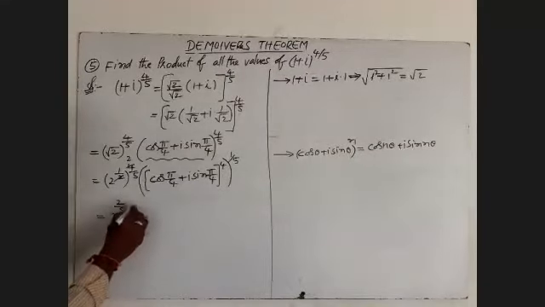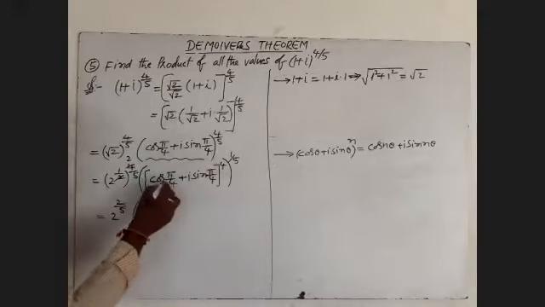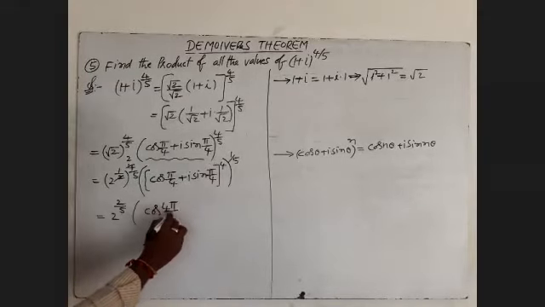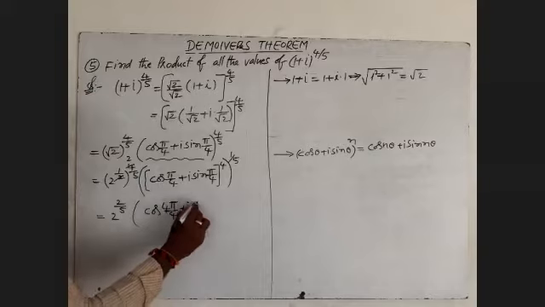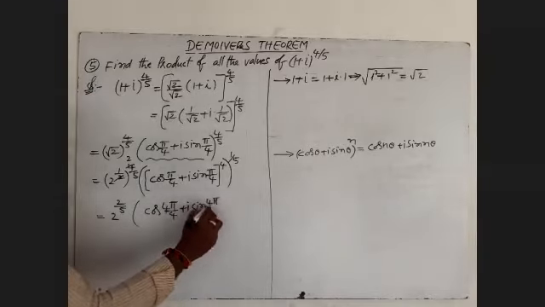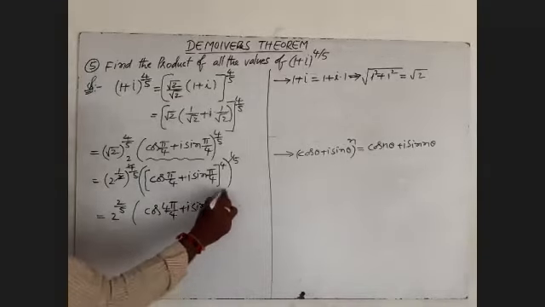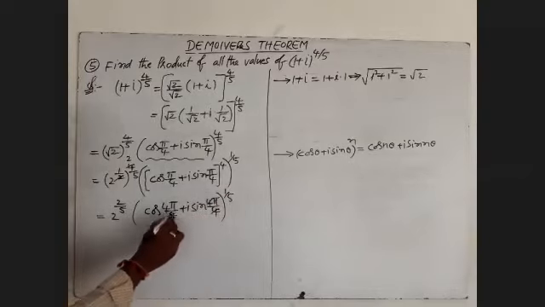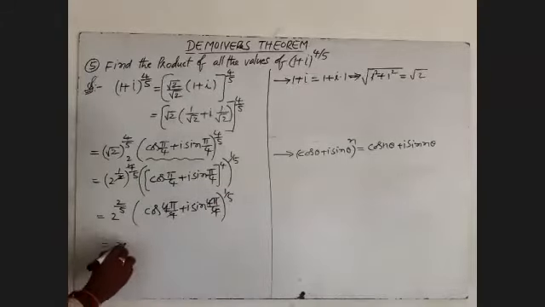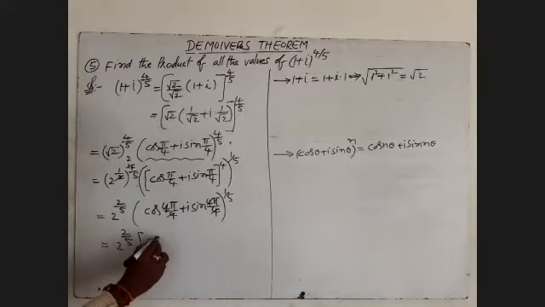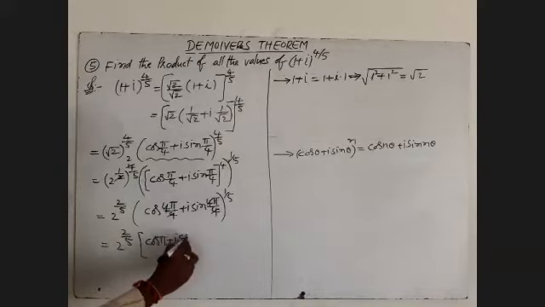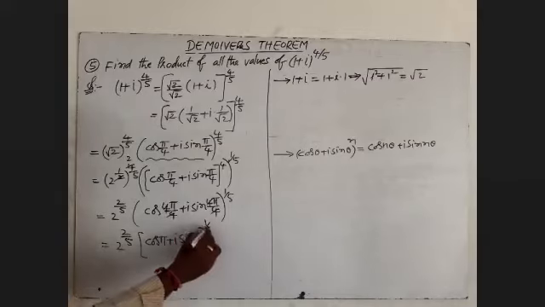How to expand this: cos 4 pi by 4 plus i sin 4 pi by 4, whole power 1 by 5. 4 and 4 will be cancelled. Remaining we write 2 power 2 by 5 into (cos pi plus i sin pi) whole power 1 by 5.